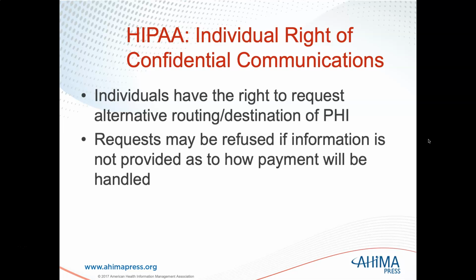They have the right to request that none of that information be released to or routed to that insurance company, that anything related to that episode of care be routed to maybe their attorney or maybe themselves as an individual. And you can honor that. But if you don't know that and they don't tell you that, then you can refuse to do that.